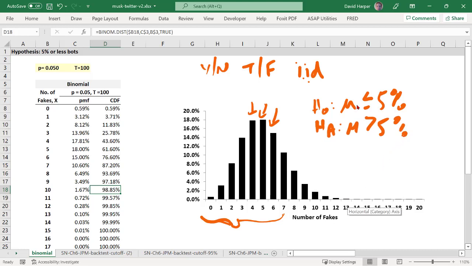And so you see why I say it's one-sided, because let's just say Twitter's claim is 5%, the null does need to anchor on an equals, so 5%. But if they're wrong and it's really only 4%, then Elon Musk doesn't care. That's not bad. He cares about more than 5% bots. So I say that's a one-sided test where the null hypothesis is 5% or less.